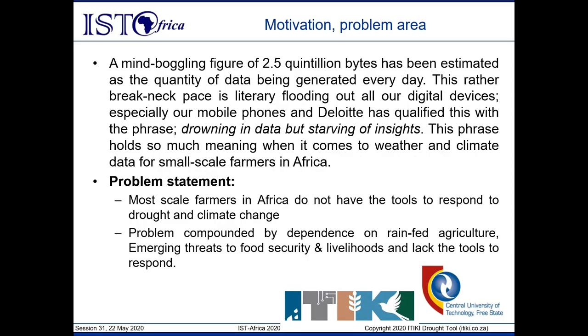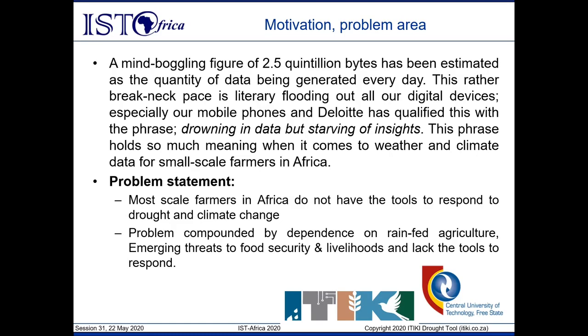Having listened to the video on what ITIKI entails, I would like to explain in this section what the motivation behind the project was. First and foremost is that there's so much information being generated today. Massive information that has led to the situations whereby we are all drowning in data. But unfortunately, in many cases, we're starving for insights.